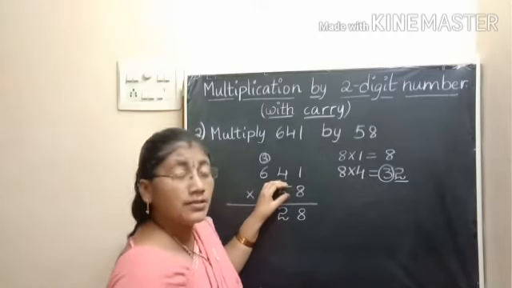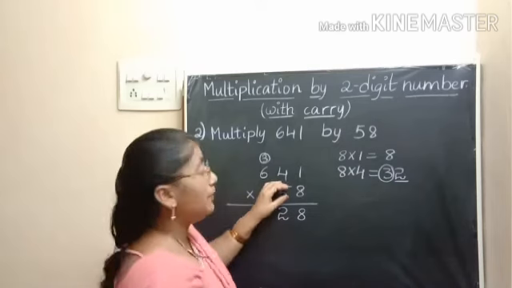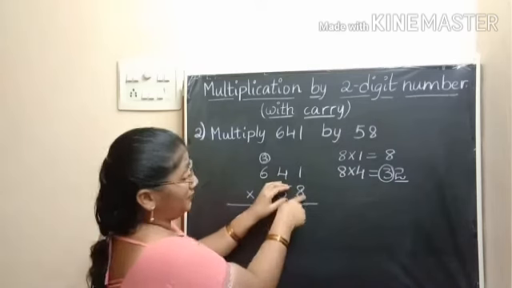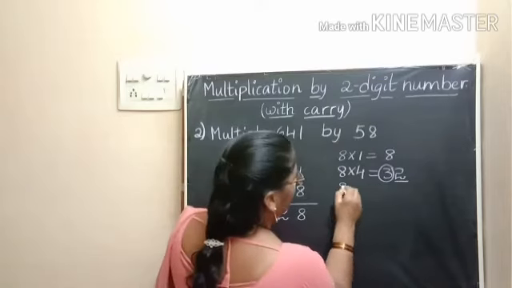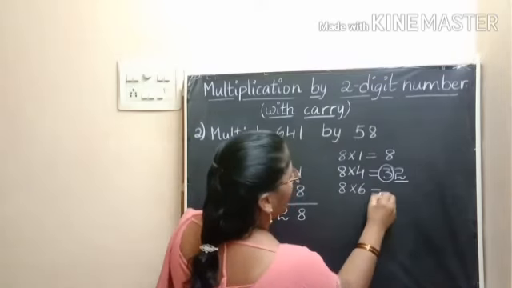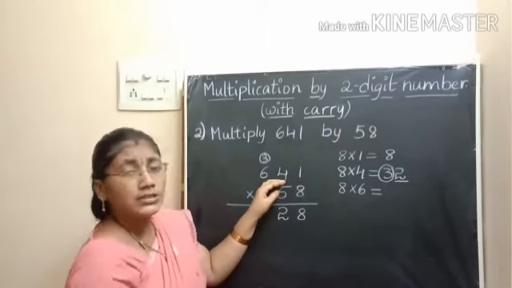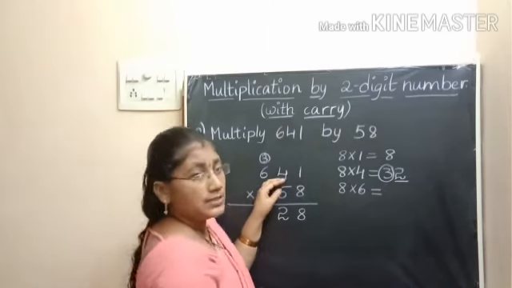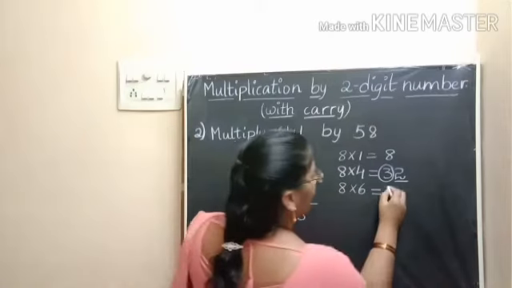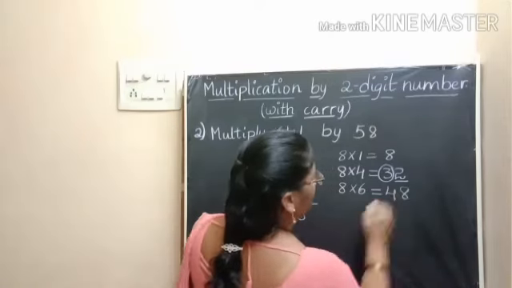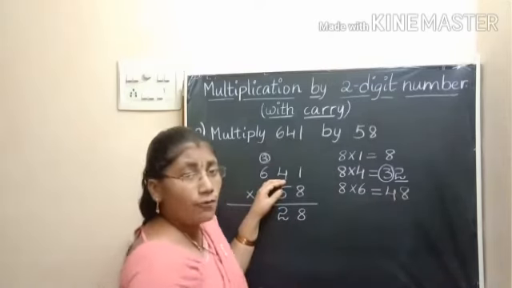Now we have to multiply 6 and 8. So take 8 into 6. We can write it in any way, 8 into 6 or 6 into 8, both are the same. 8 sixes are 48.